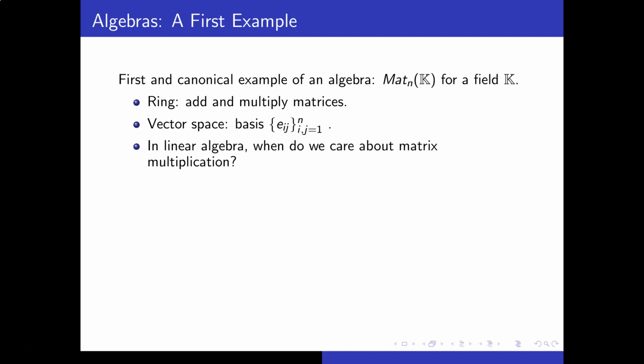All right, whereas in linear algebra, when do you really care about matrix multiplication? Well, there's one place where it comes up, composition of linear operators. If I have one linear operator being represented by a matrix and I have another one being represented by a matrix, if I want to compose them, I multiply the two matrices. And when else do you run into it?